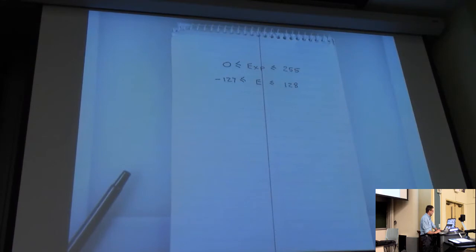So what we've done here, with a sign bit of 0, we've just enumerated all of the 2 to the 7th possible combinations of exp and frac fields, starting with 0.